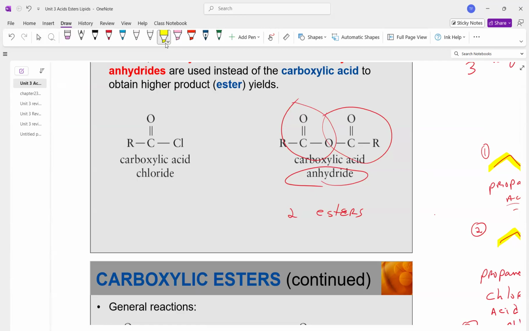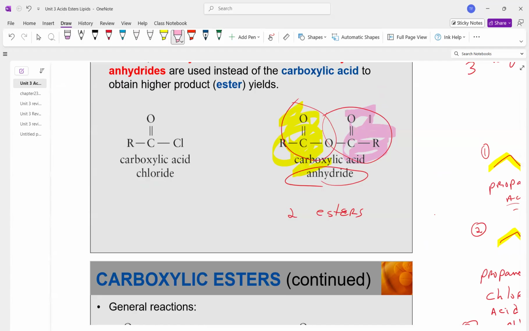So there's one, here's the other. So you need the acid anhydride, that makes the acid part of your ester, plus the alcohol.